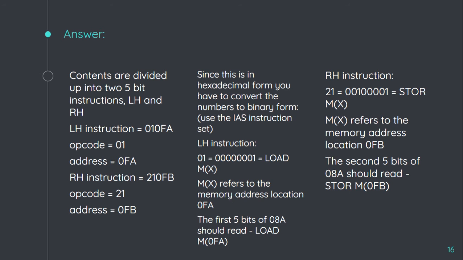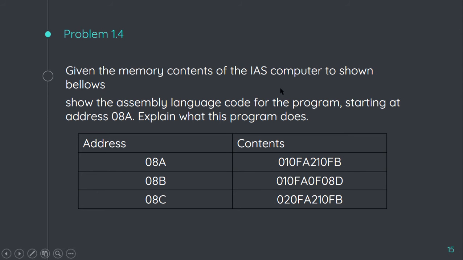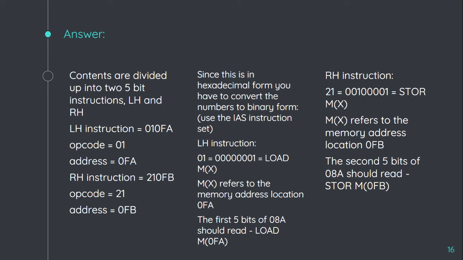The contents are divided up into two instructions, LH and RH, each of 5 hex digits. So the LH instruction is 010FA, where the opcode is 01 and the address is 0FA, and the RH instruction is 210FB, where the opcode is 21 and the address is 0FB.